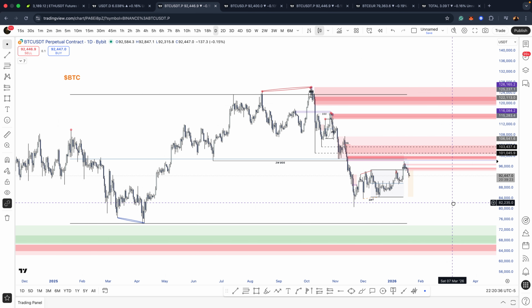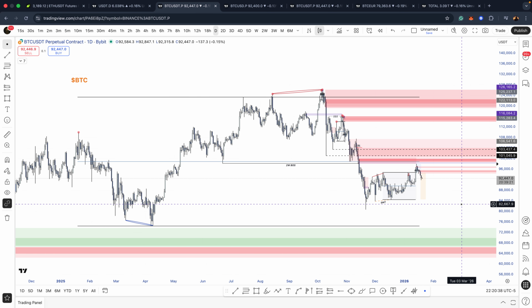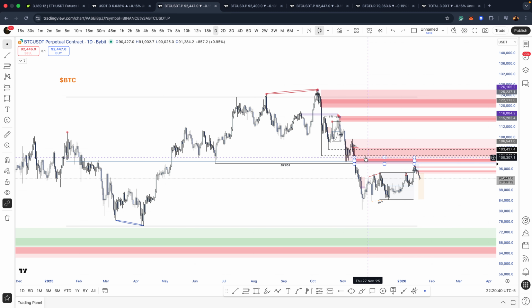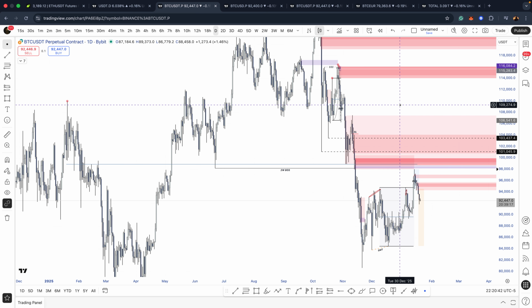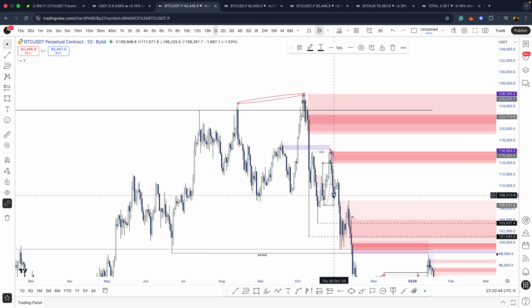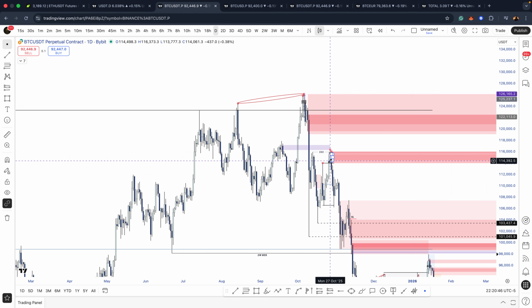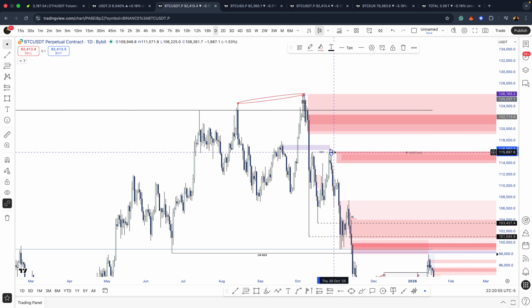So remember this range. I'm going to show you some things, and you know what? We don't have this clean enough. We were back testing this range many times, but we'll get rid of this. Let me see here. Lots of supply in this area, as we can see. Get rid of all this stuff.